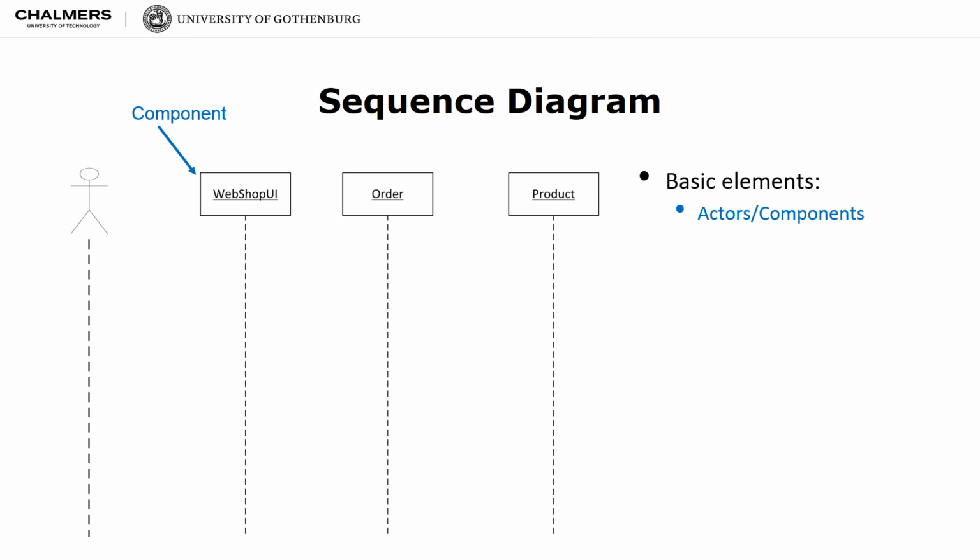Object instances are shown as rectangles, and human actors are shown as stickmen. The name of an object can be placed inside a rectangle or below the stickmen. In order to clarify the type of an instance, the type name is sometimes shown as a postfix to the instance name.